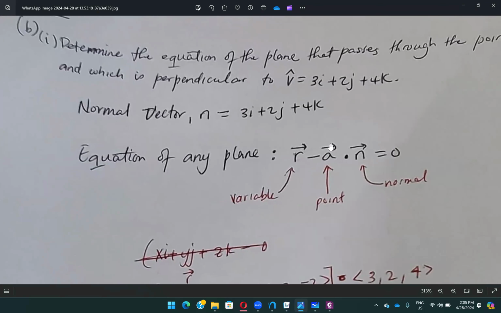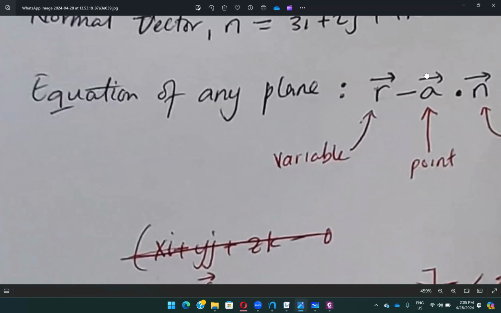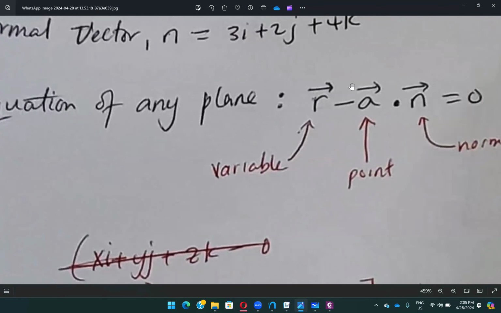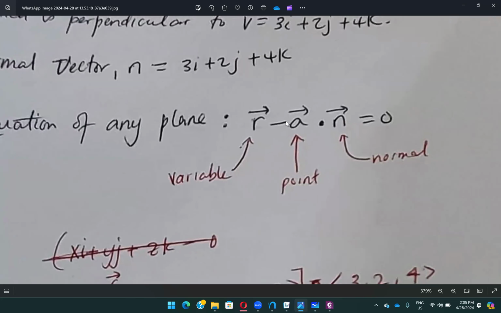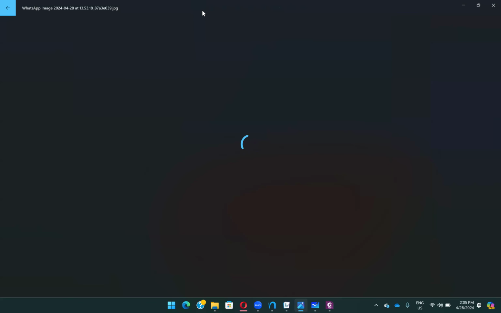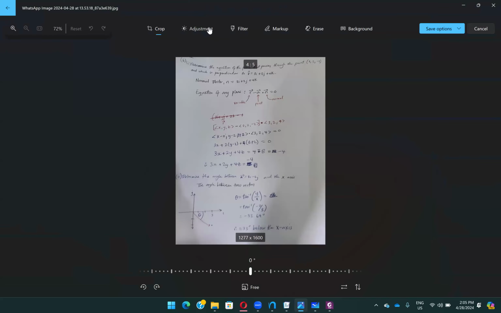The first part is that a lot of things in this section is just you memorizing. One of the things is that you have to memorize this equation.